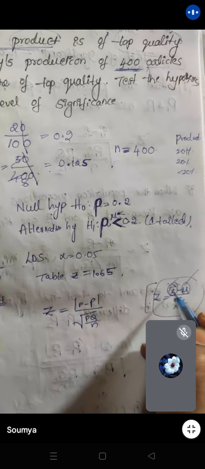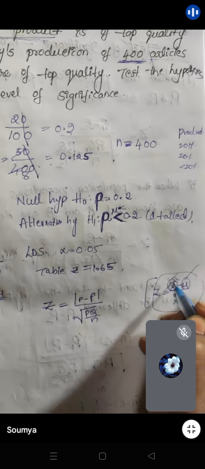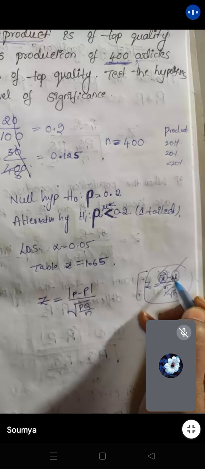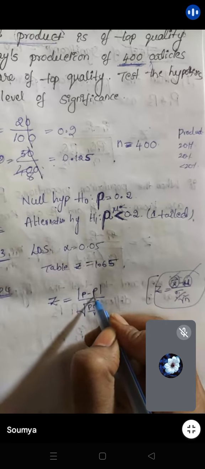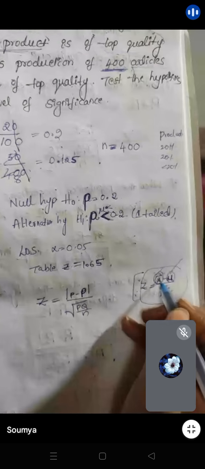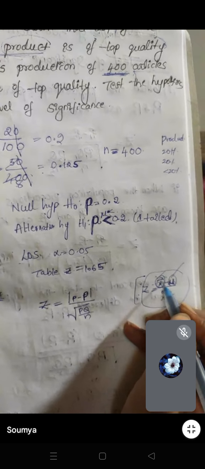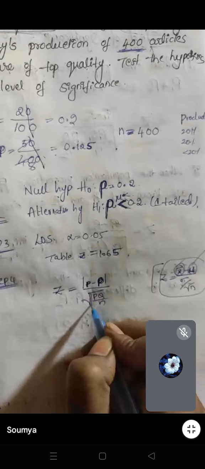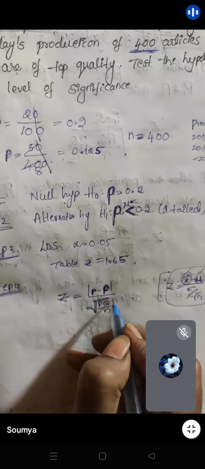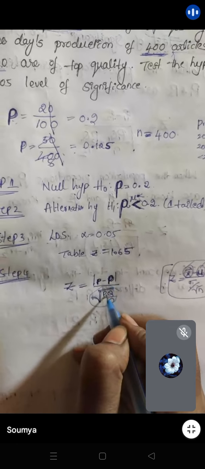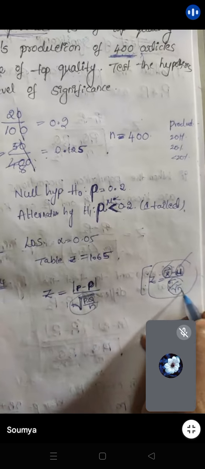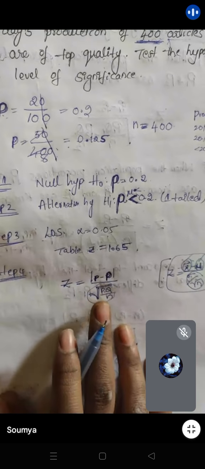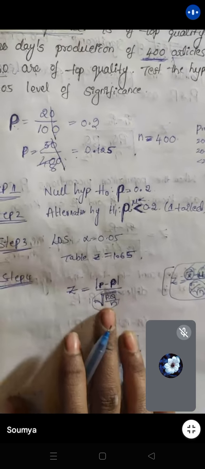So p is the sample proportion and P is the population proportion. The standard error of proportion is under root of PQ by n, and sigma by root n is the standard error of x bar. This is the formula you have to learn.